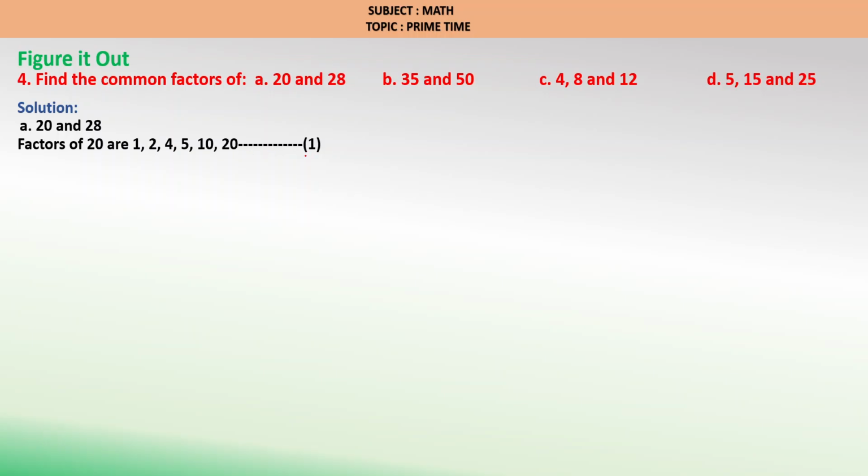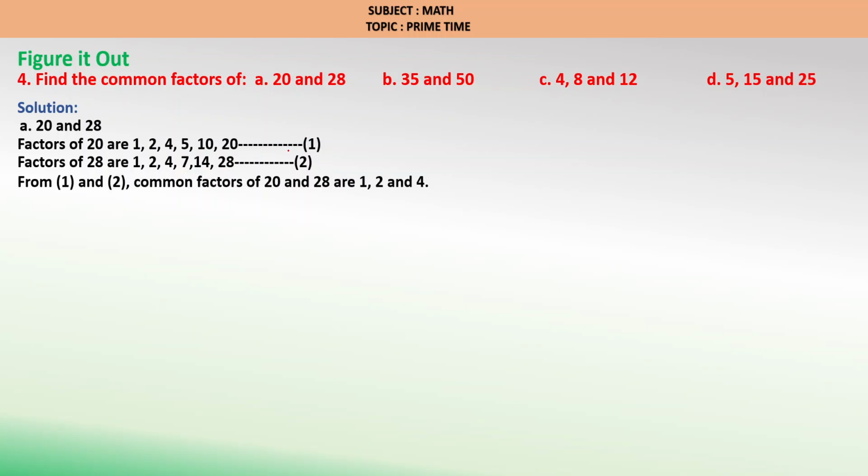Factors of 28 are 1, 2, 4, 7, 14, 28. Therefore, the common factors of 20 and 28 are 1, 2 and 4.